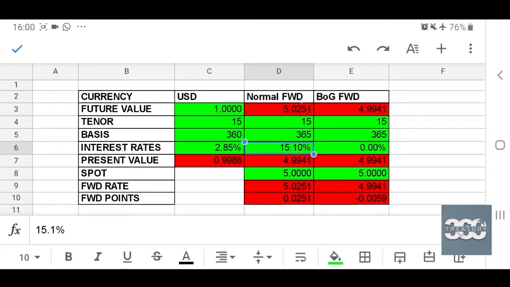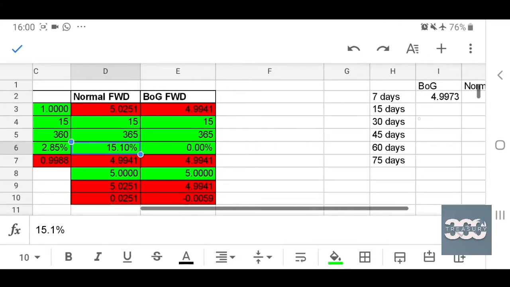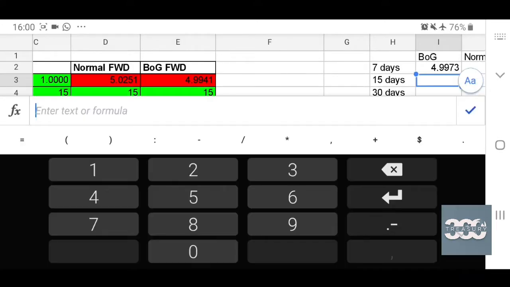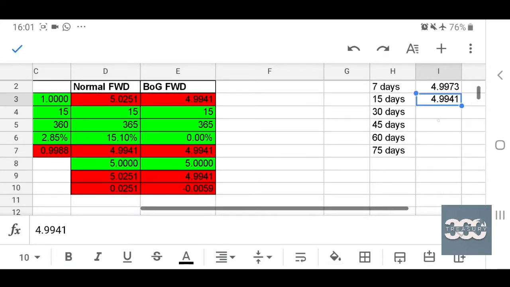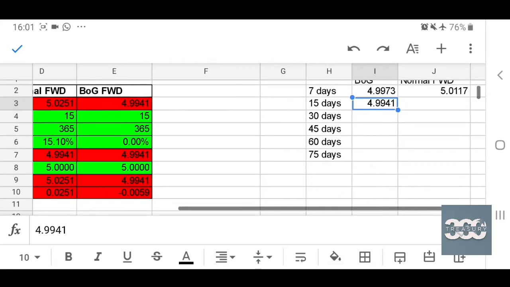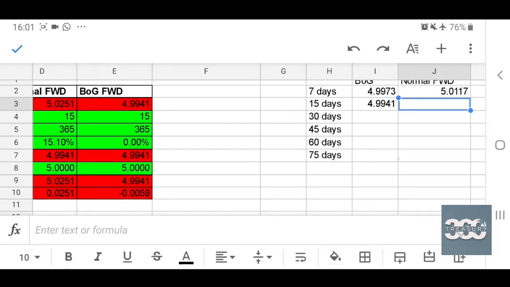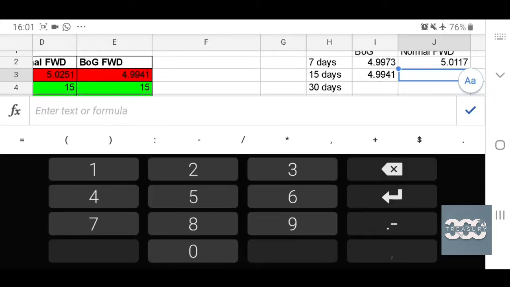Then we invest for the normal forward, and then we also invest for the BoG, and we come up with 4.9941 for the BoG forward, and for the normal forward we have 5.0251.